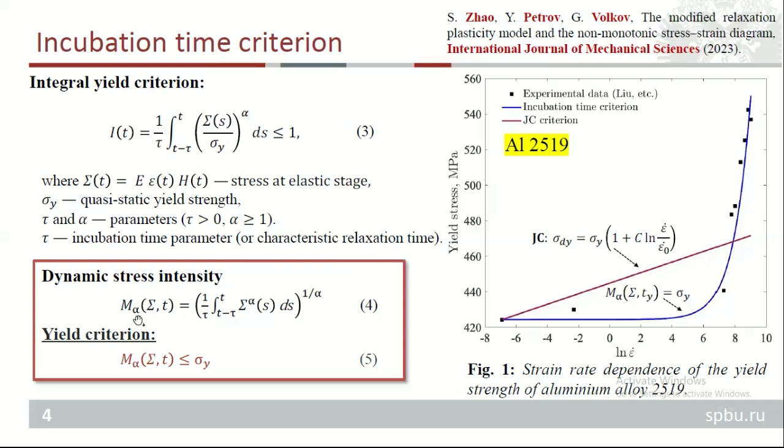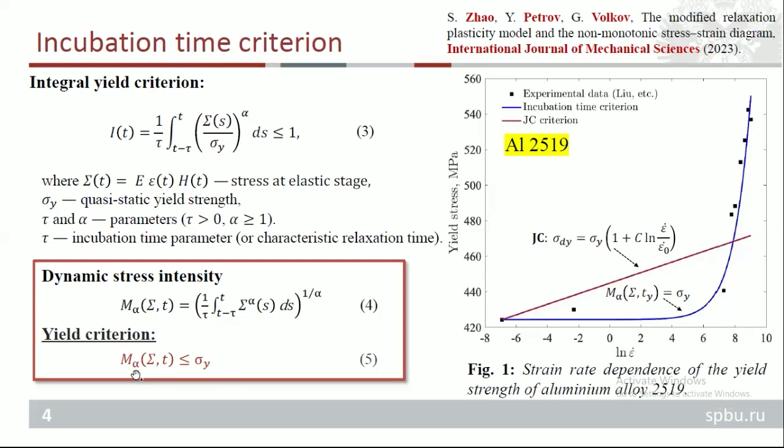And then just by introducing this functional in expression 4, which represents a certain mean stress in a time space, and can also be regarded as a dynamic stress intensity, we can reformulate this inequality 3 to derive the yield criterion shown in the equivalent form 5.